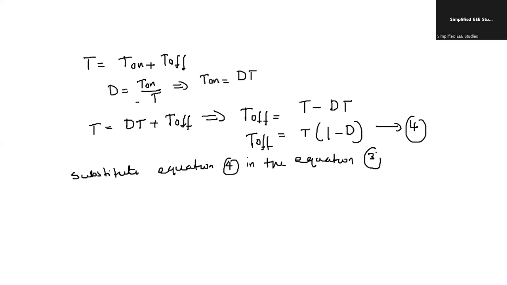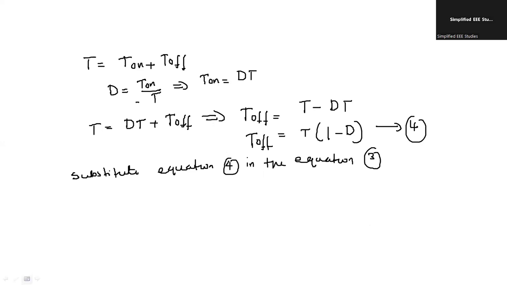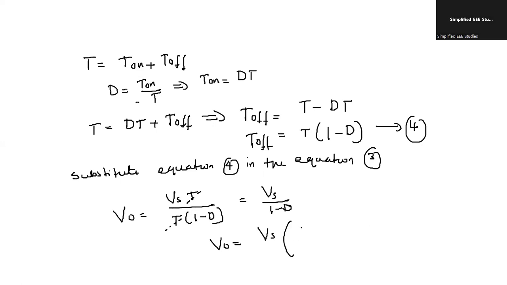So V naught can be written as Vs into T divided by T off. T off you have to replace, and T off is nothing but T into 1 minus D. Let me rewrite: V naught equals Vs into T divided by T into 1 minus D. Here it is very clear that T and T will get cancelled. That means Vs divided by 1 minus D. So V naught can be written as Vs into 1 by 1 minus D.